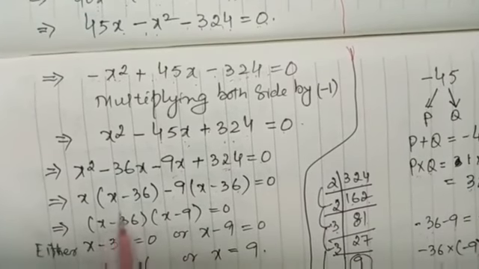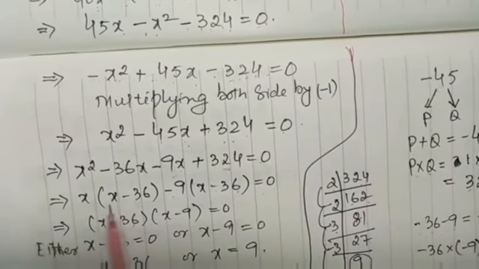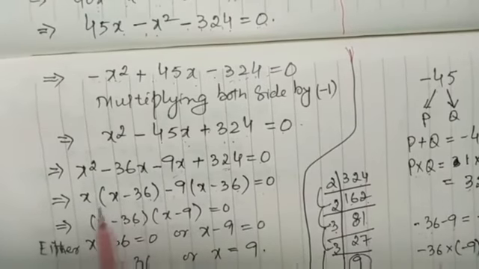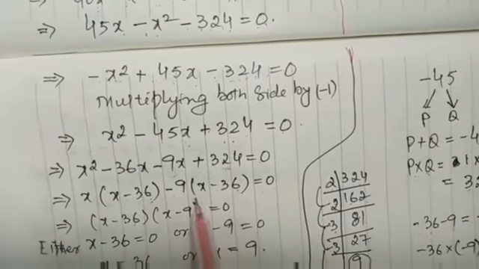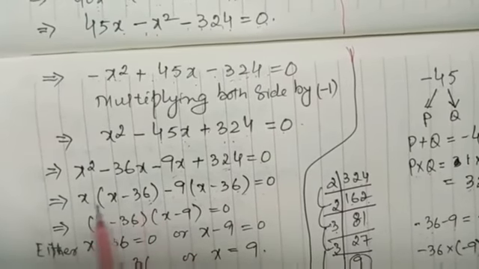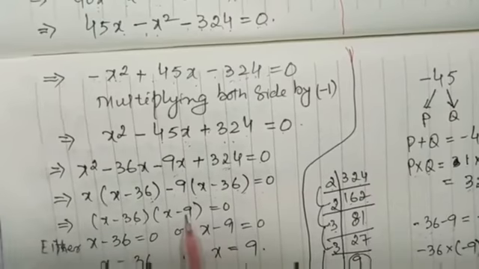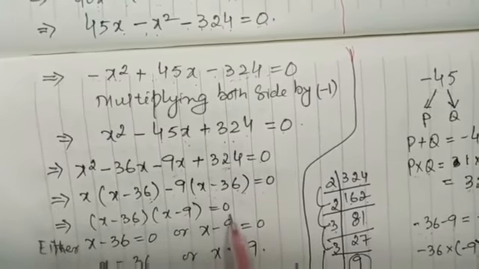It implies I can write here x minus 36, because x minus 36 is the common expression. Here it is x minus 36, here it is x minus 36. I can take it out, and here it will remain x minus 9. So x minus 36 into x minus 9 is equal to 0.